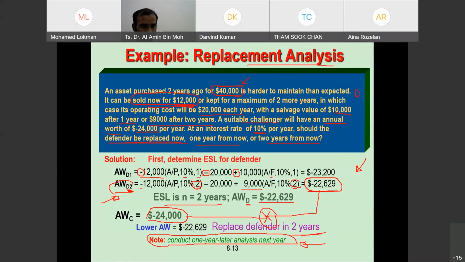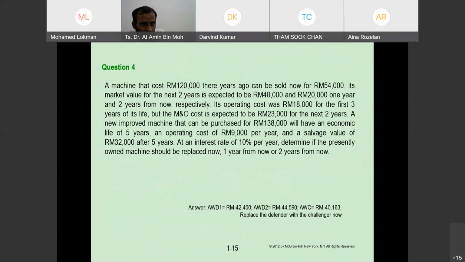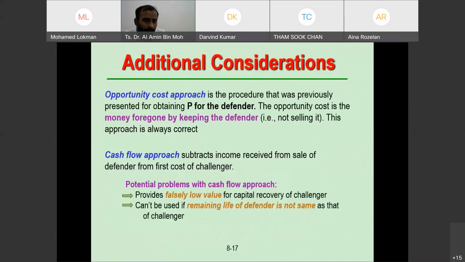If it's sold now, 12,000. And this is the operating cost, 20. Salvage value is 9, so salvage value is positive. But I believe if you can extract the information, you can just proceed with the calculation.